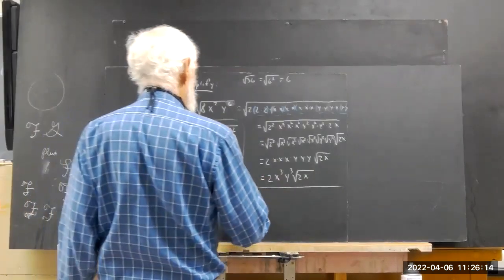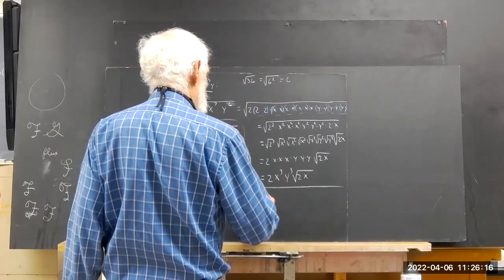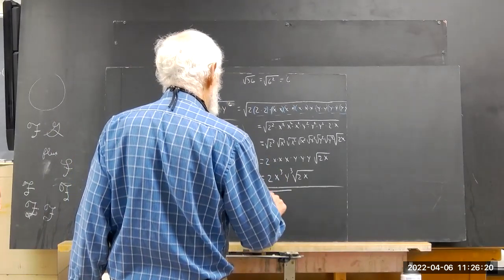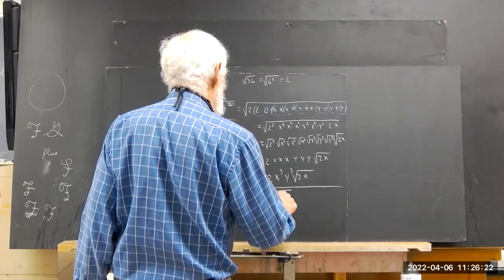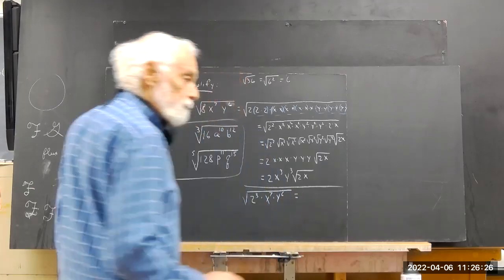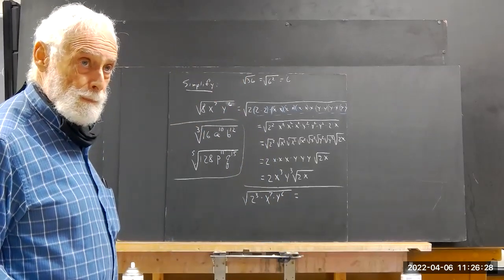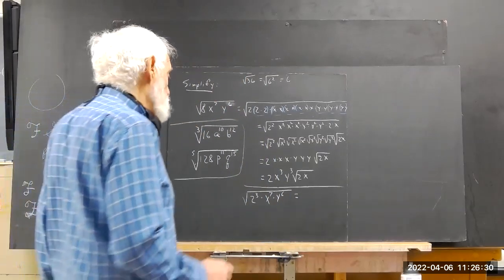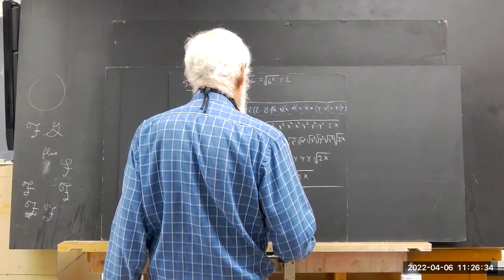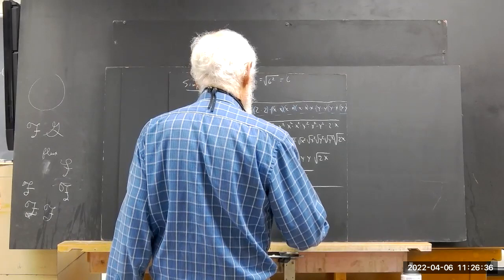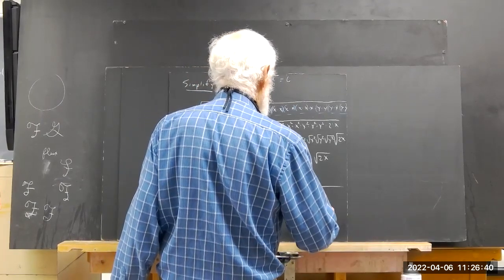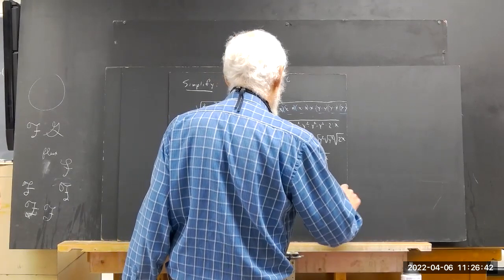So the square root of, and I'll write 8 as 2 cubed. I'm going to go ahead and do it like this.